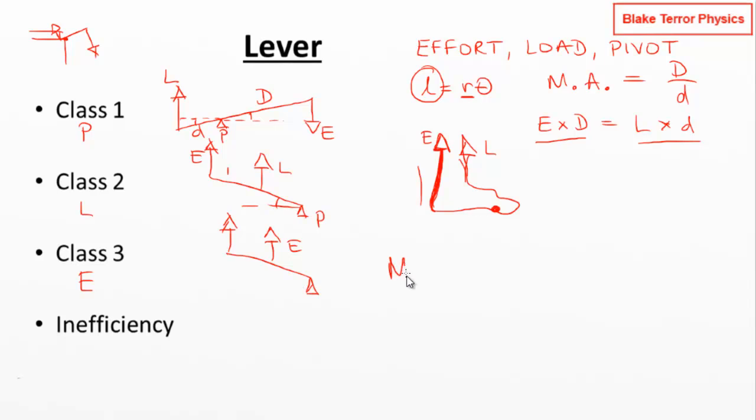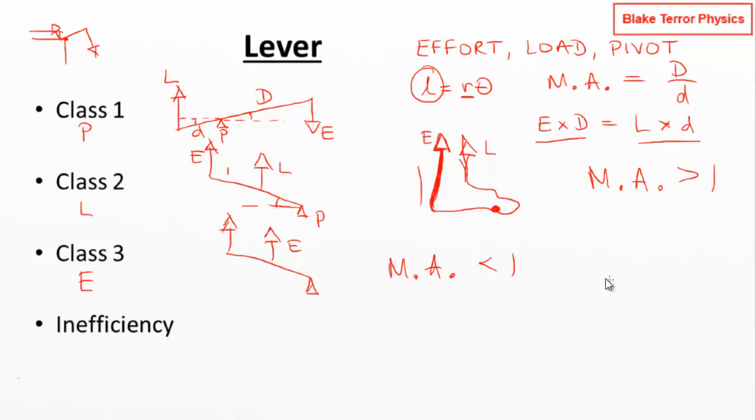So we've got a mechanical advantage here which is less than 1, in contrast to class 2, where we've got a mechanical advantage which is always greater than 1, because the effort is always further from the pivot point than the load. In class 3, the effort is always closer to the pivot point than the load. So we're always going to have a mechanical advantage less than 1. But that means we're moving things a lot further.